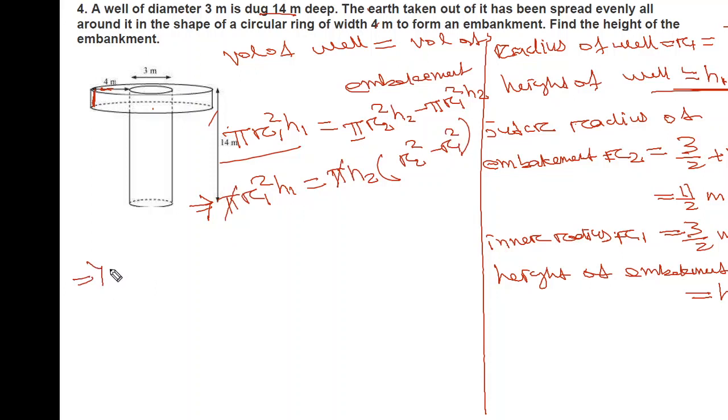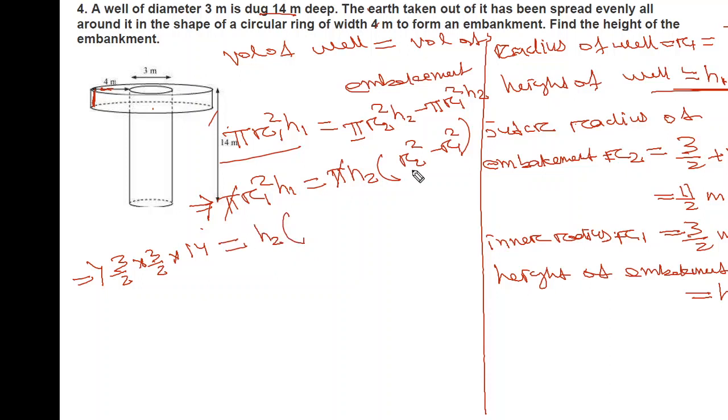Now we will put the values. So R1 is 3 by 2. 3 by 2 square means 3 by 2 into 3 by 2 into H1. H1 is 14, equal to H2. We don't know the value of H2, that is what we have to find.